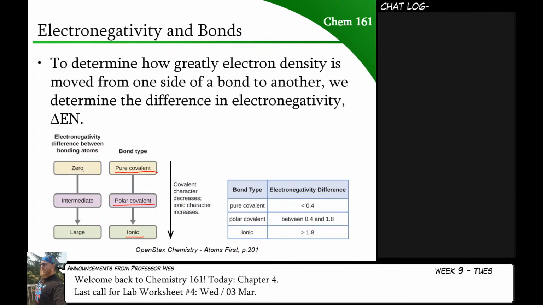And we've categorized the difference in electronegativity into 3 ranges here. I'm going to modify where it says 0 to be essentially 0. And I'm going to scribble out on this chart. We're going to get rid of this less than and say 0.4 or less.